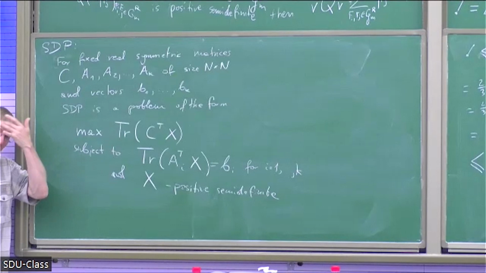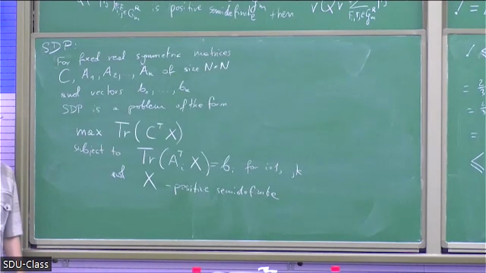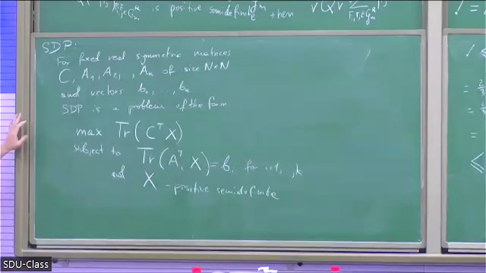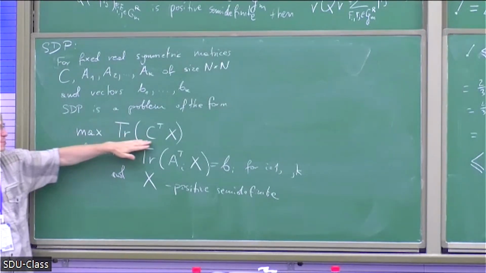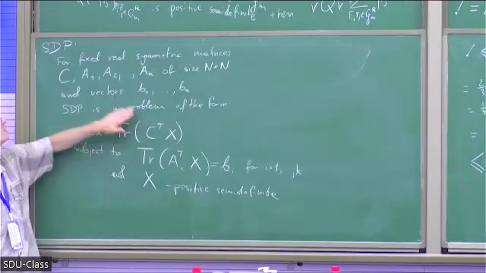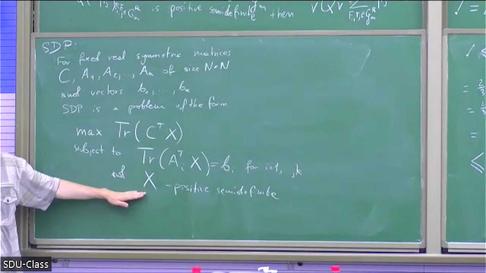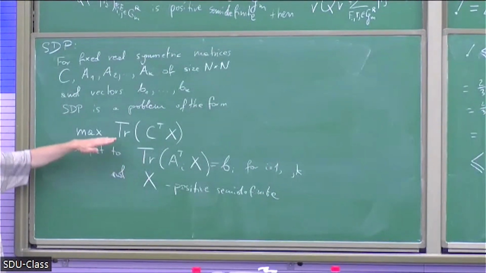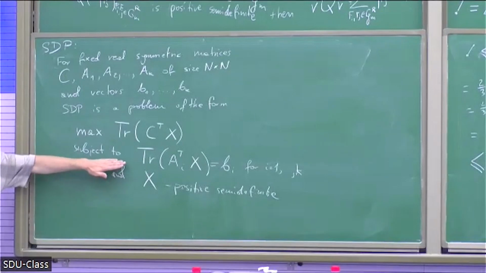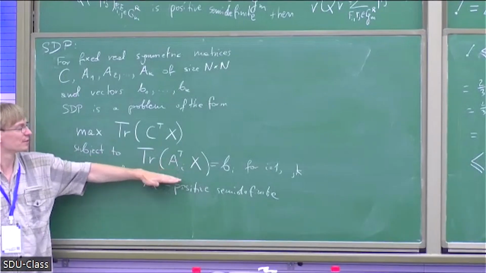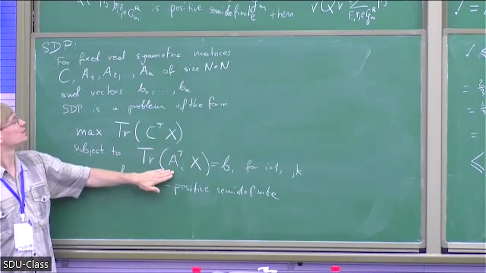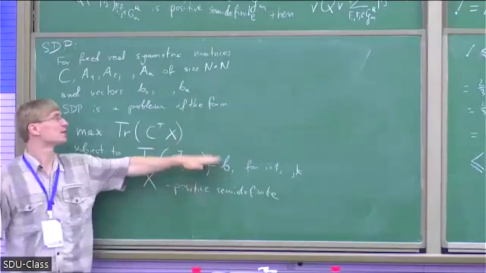So if you open Wikipedia webpage or whatever notebook for numerical computations, you will see this form of semi-definite programming. Just maximize some linear expression coming from multiplying a given matrix by the positive semi-definite matrix that we want to optimize, under conditions that some other multiplication of this matrix times given matrices gives the given vector.